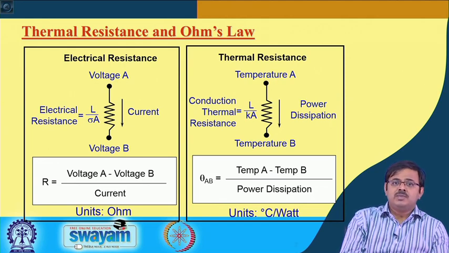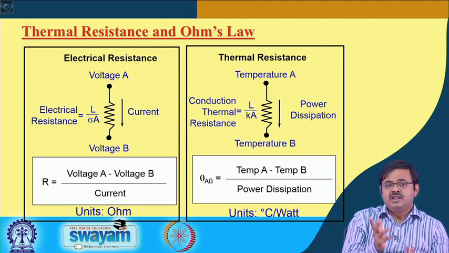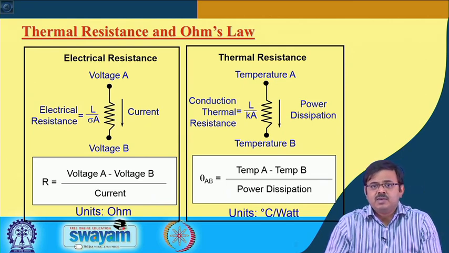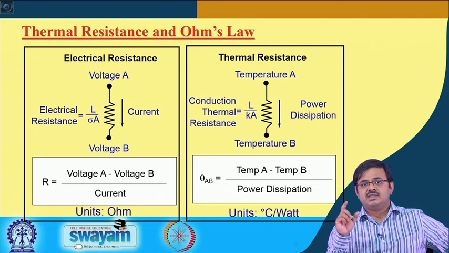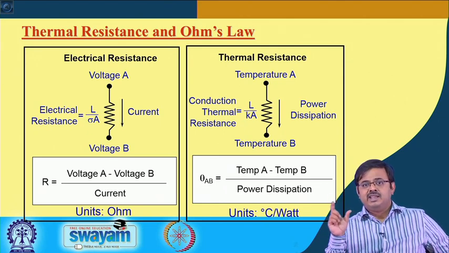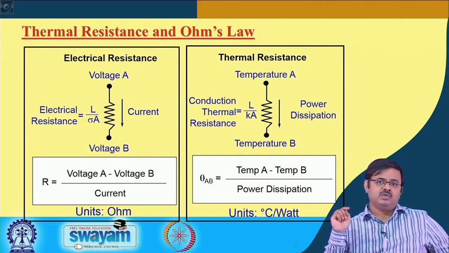Okay. So, we can therefore write that there exists a thermal resistance, which is the delta T, or the temperature difference, divided by the power, or Q, that flows, or rate of heat transfer.